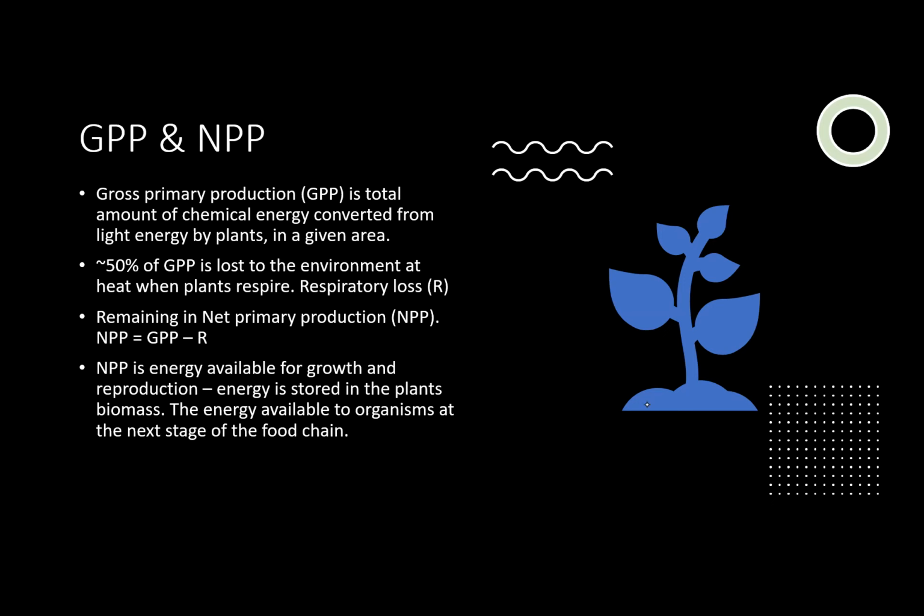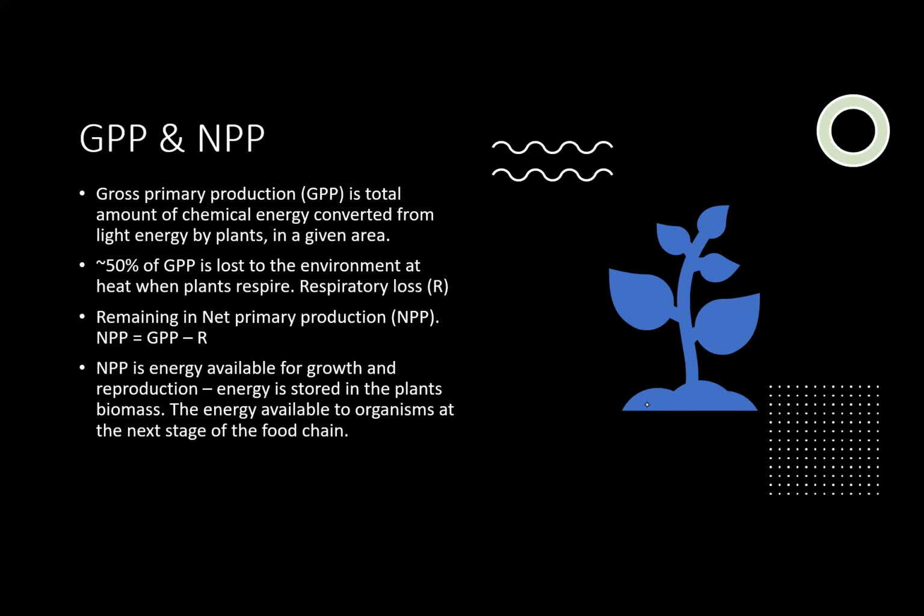We call this respiratory loss, which will be symbolized with a capital R. So the remaining chemical energy is then called the net primary production, the NPP. So NPP equals GPP minus R, which makes sense. Your gross primary production is your total amount of chemical energy minus how much is lost due to respiration, and that would give us that NPP.